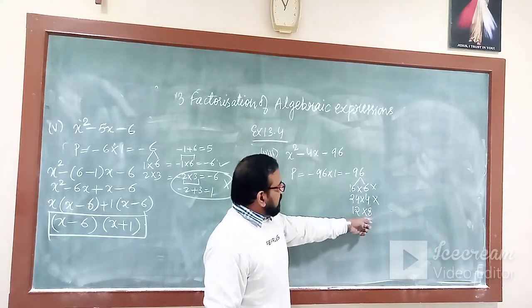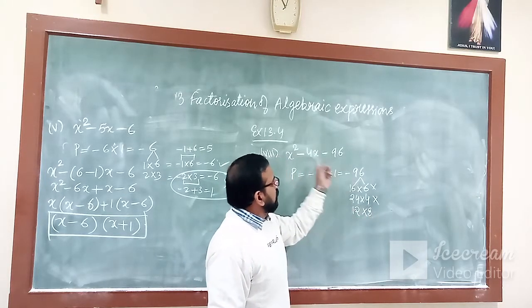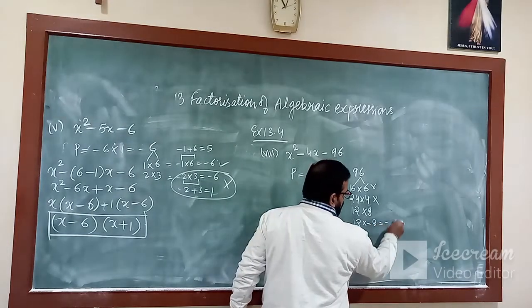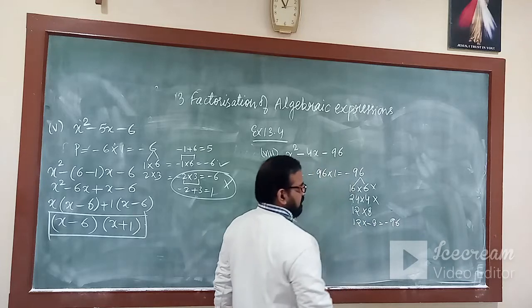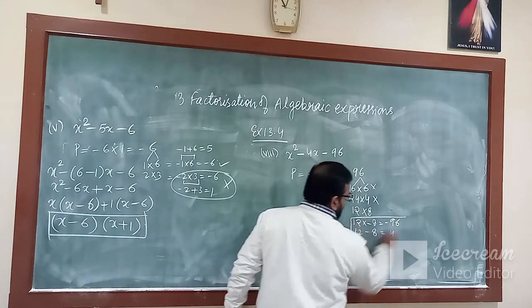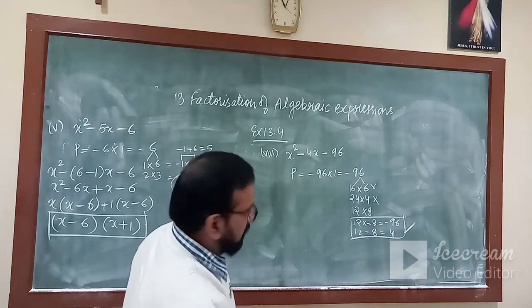Then 12 plus 8 will give you 20, but 12 minus 8 will give you 4, and 12 into minus 8 will give you minus 96, and 12 minus 8 is giving us 4. So this is our choice. So we will take this as our factors.